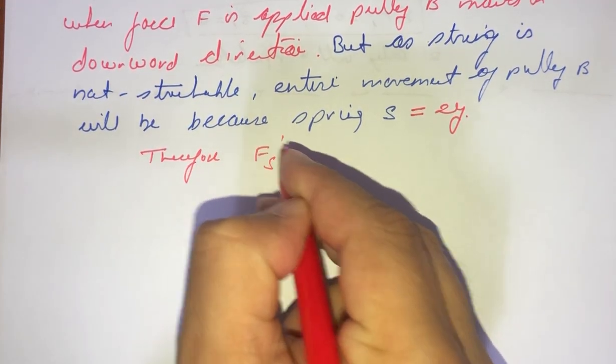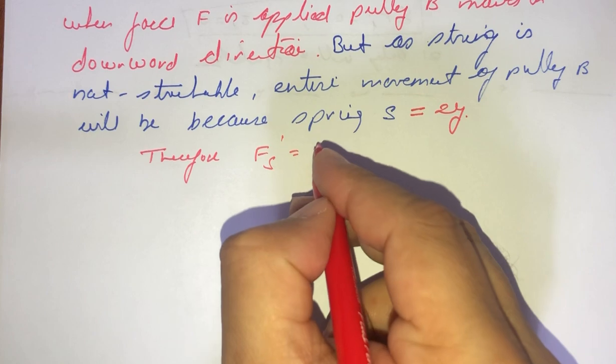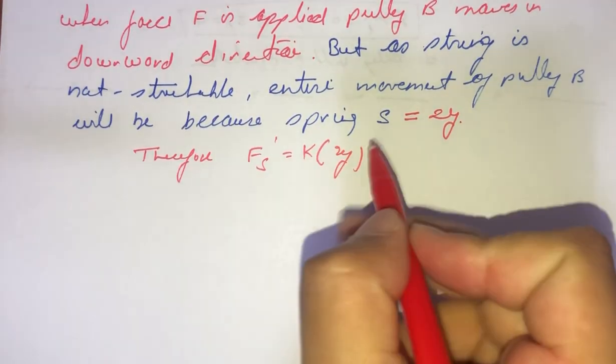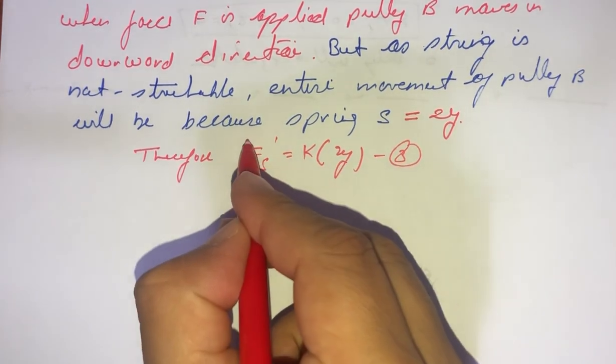Therefore Fs prime is equal to k multiplied by 2y, and let us call this equation number 3.